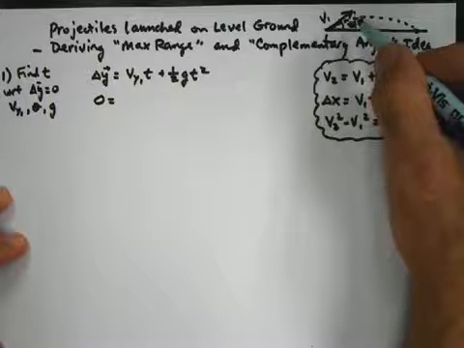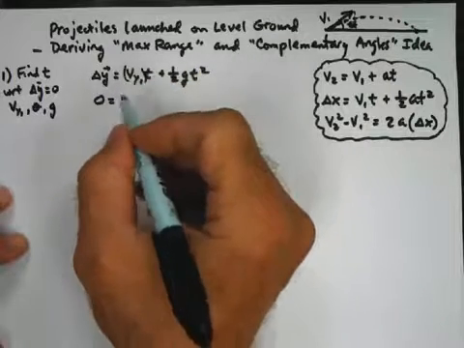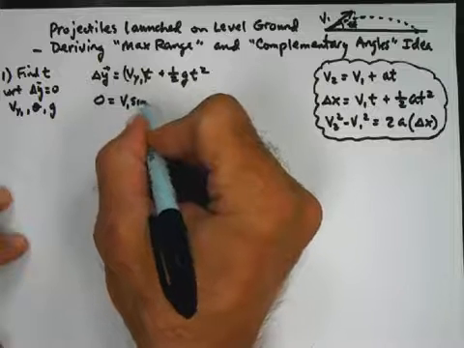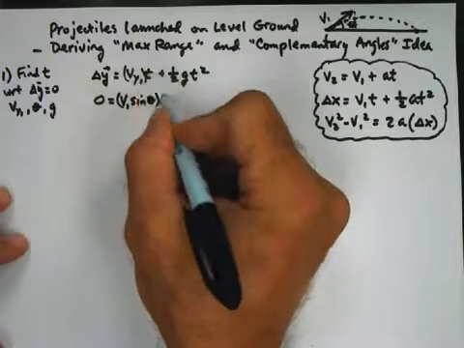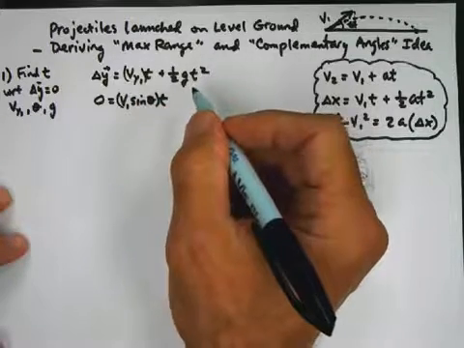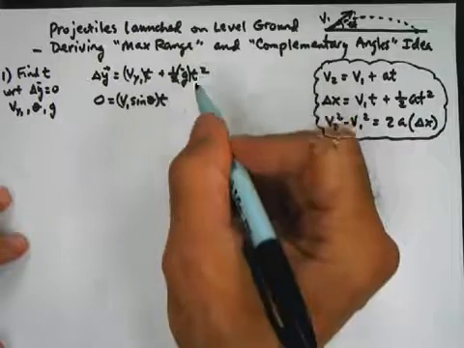So I can substitute V1 sine theta in for Vy1 here, times t. And we'll remember that up is positive and down is negative.